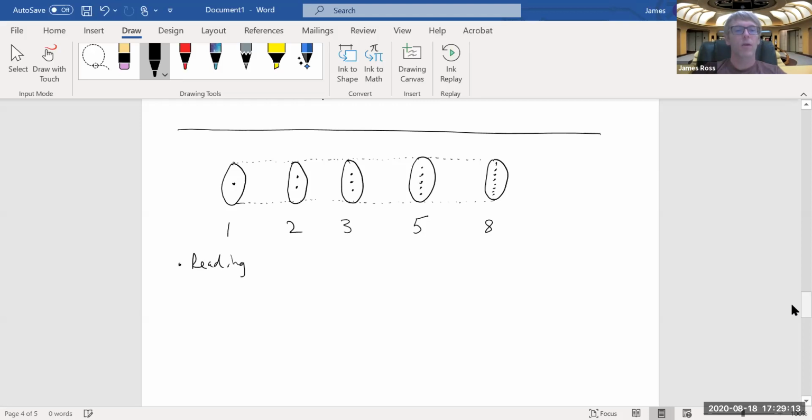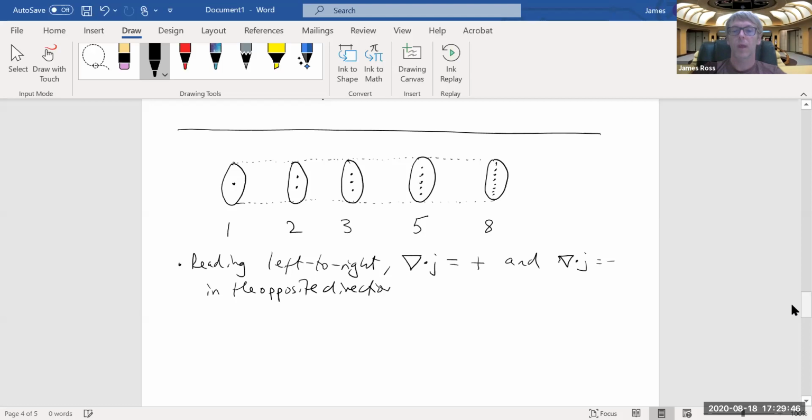So here, reading left to right, we've again got a divergence that's positive, and the left is negative in the opposite direction. So that's the same as before, same as the previous example.